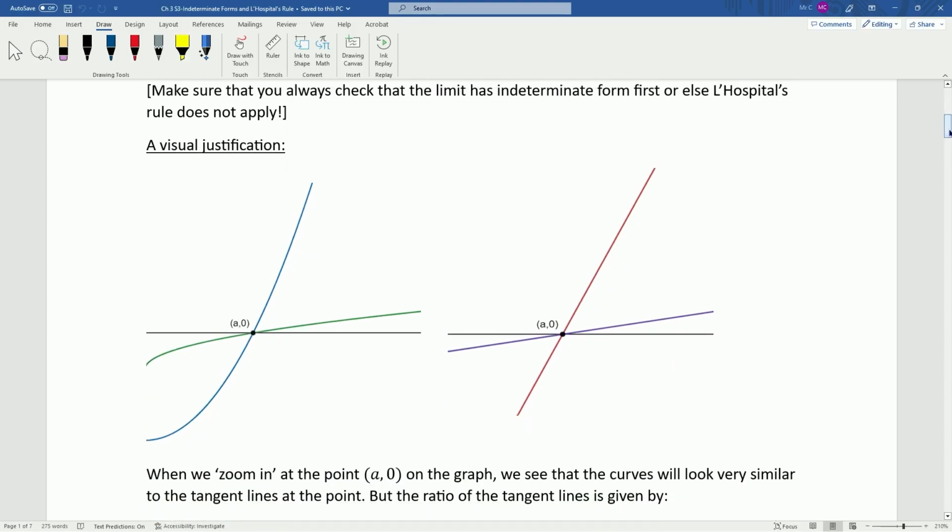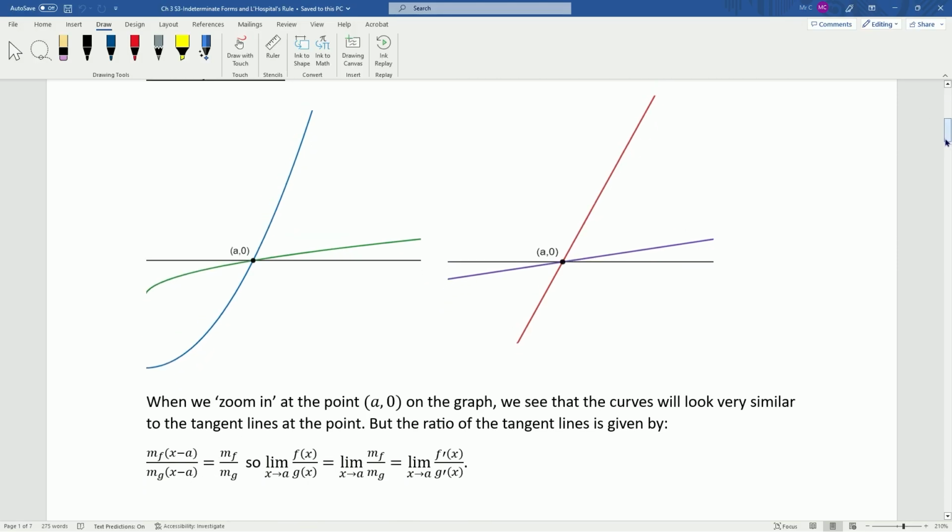All right, but we're going to just take a look at a little visual justification here. So we've got two curves here, call them f and g. So we'll say this one is f. And this one is g. Doesn't matter which we call which. So if you think of zooming in at the point where these two curves are passing, we see that the curves will look very similar to the tangent lines at this point.